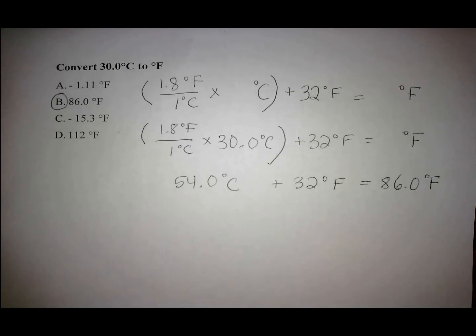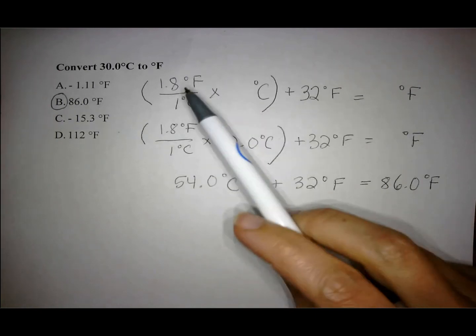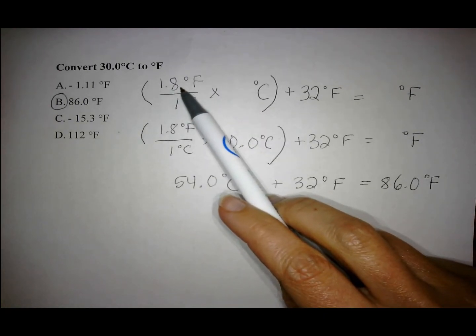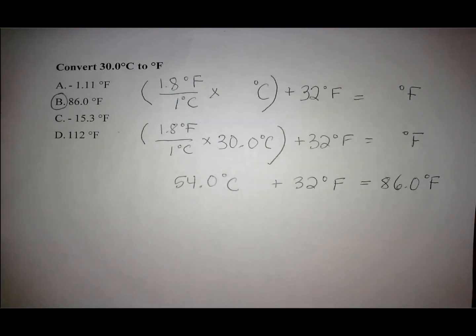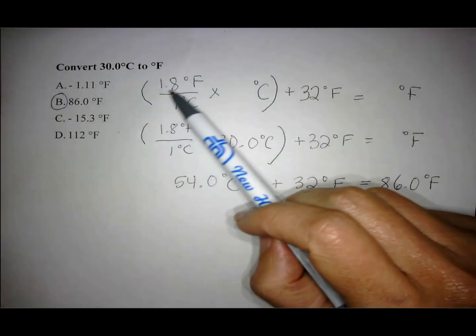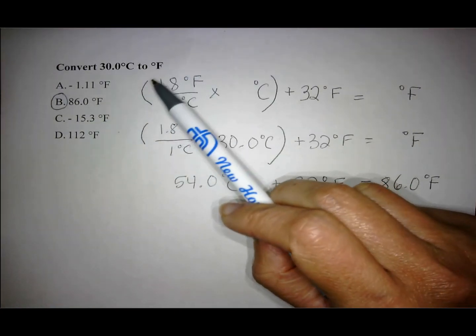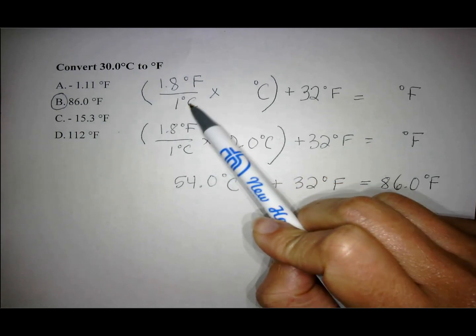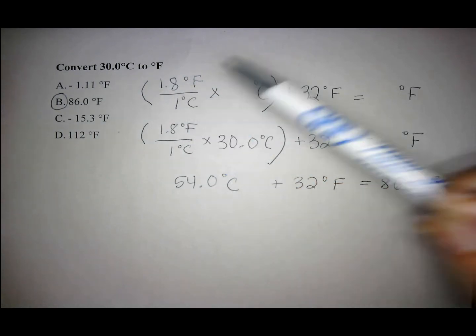When you are done double checking your units, you can also think about the relationship between the size of the degree and the starting point on the scale. Remember, there are 180 degrees Fahrenheit going from the freezing to the boiling point of water, compared to 100 degrees Celsius. So the number for the degrees Fahrenheit is going to be larger, and the number for the degrees Celsius is going to be smaller.